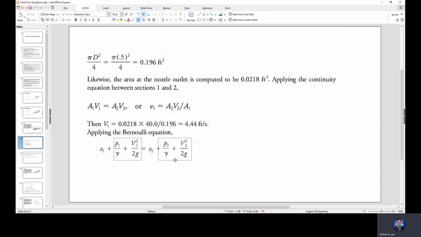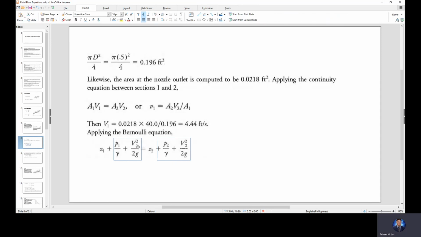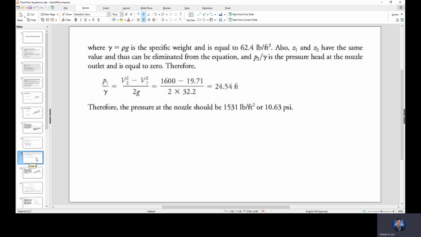So we can rearrange these two so that we can get the pressure head.